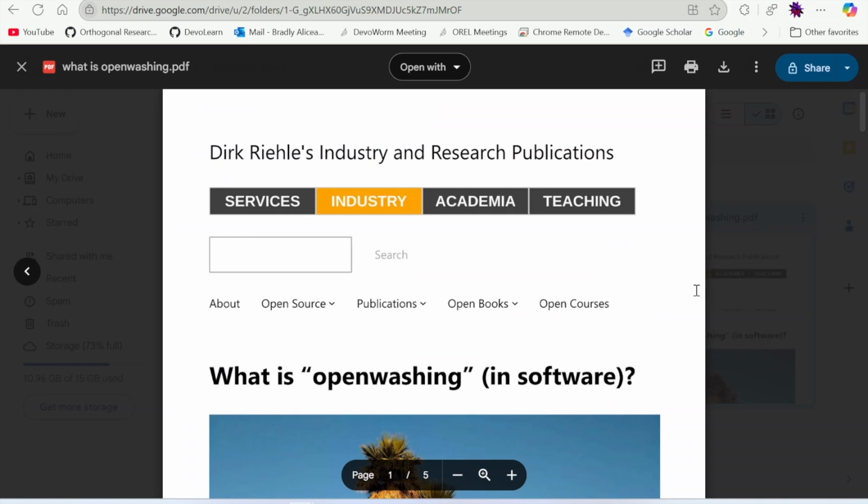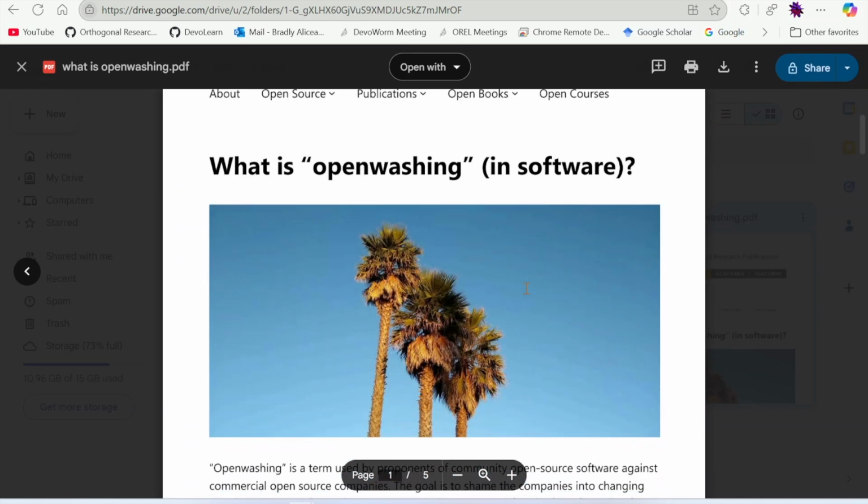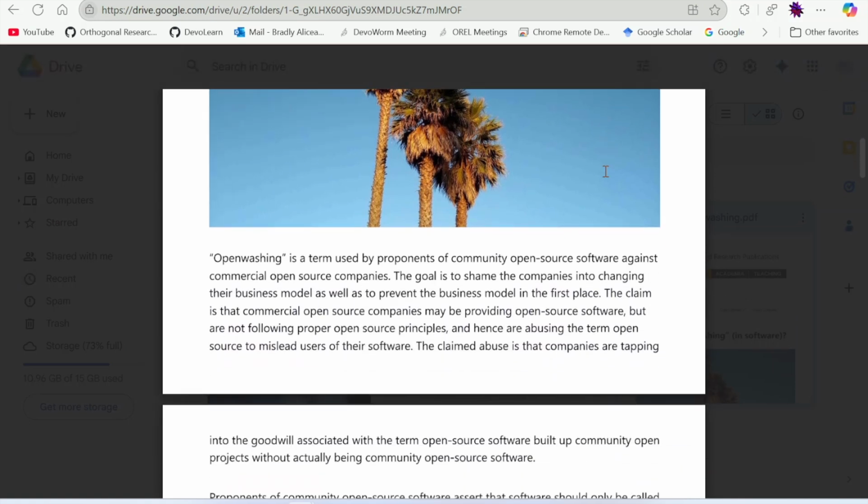And then this last article is from Dick Reel's Industry and Research Publications: what is openwashing in software? So this is in the software community, not just in the AI community, but in software. This talks about openwashing as a term used by proponents of community open source software against commercial open source companies.